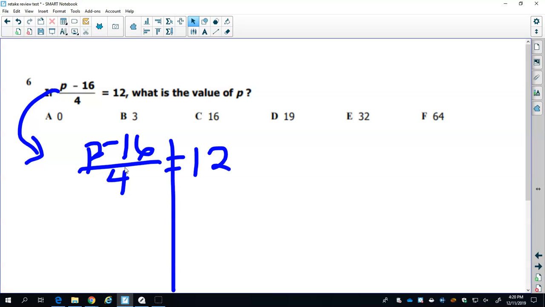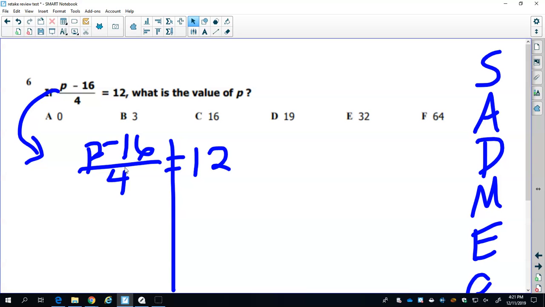And again, we need to keep in mind our backwards GEM-DOS. So at first you might say, okay, we've got subtraction and we've got division, so we're going to undo subtraction first. But that's not the case, because when we have this bar here, this bar means grouping.